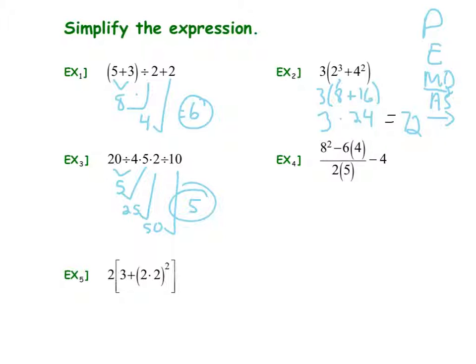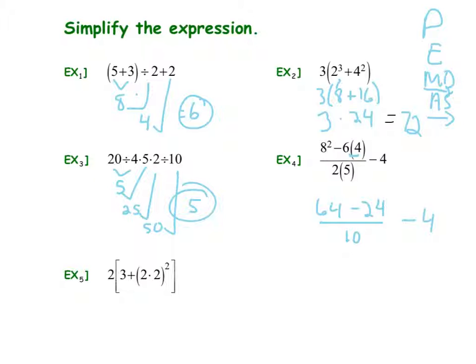The parentheses doesn't really mean anything. It's just separating the 4 and the 6 and showing that that's multiplication. So I'm going to do the exponent first. So I'd get 64 minus, and then I have to multiply the 6 and the 4 together to get 24. Then on the bottom, I just get a 10, and I still have the minus 4.